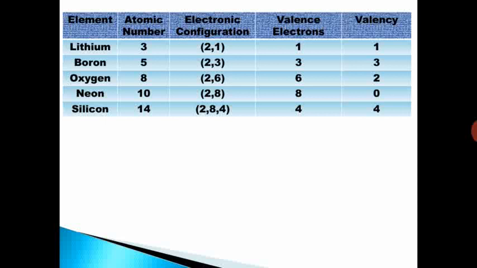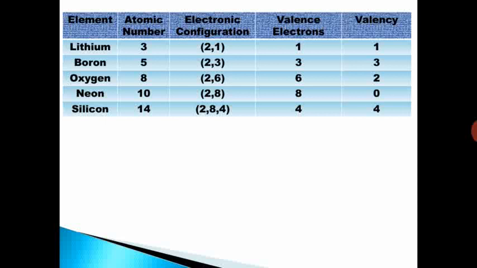Oxygen, atomic number 8, has electronic configuration 2, 6. Valence electrons are 6, meaning the outermost shell has 6 electrons. So instead of giving away, it prefers taking 2 electrons to complete its octet, and that's the capacity, so valency is 2. Neon, atomic number 10, has configuration 2, 8.